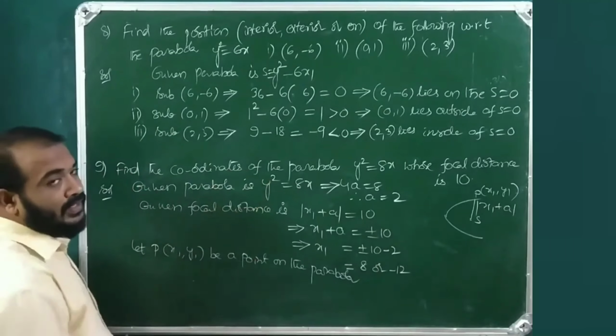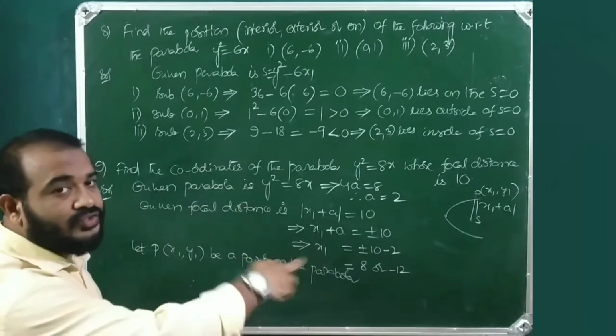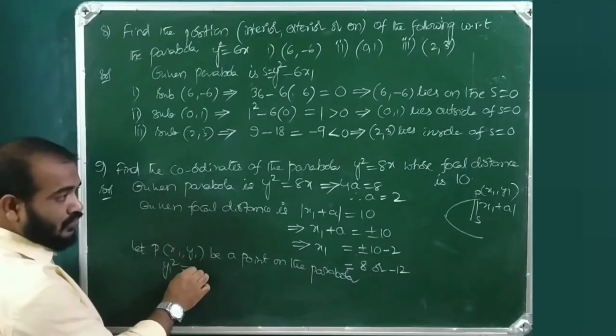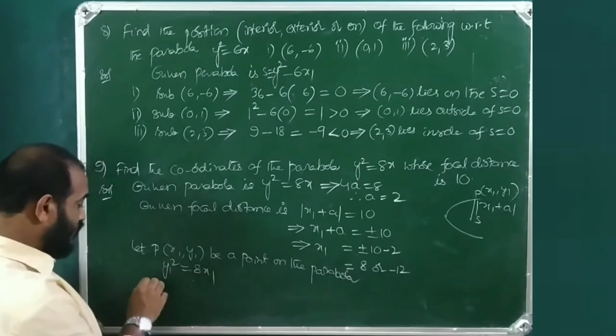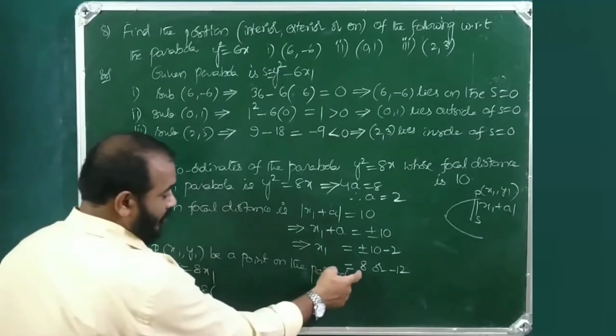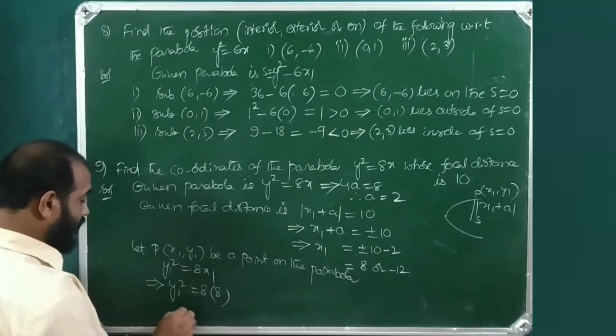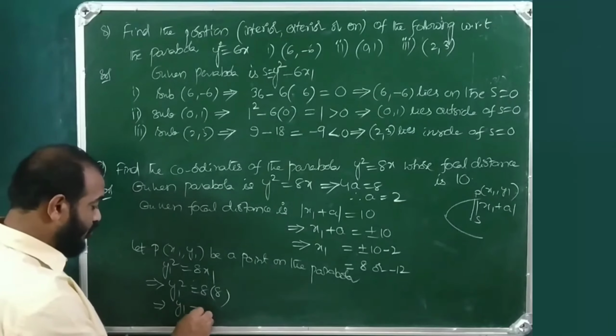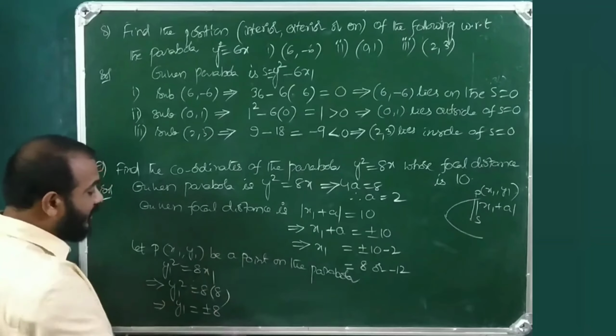If a point P lies on the parabola, the point has to satisfy the parabolic equation. So y1 square is equals to 8x1. So that implies y1 square is equals to 8 into the value of x1, which is 8. So that implies y1 square is equals to 64. y1 is equals to plus or minus 8.